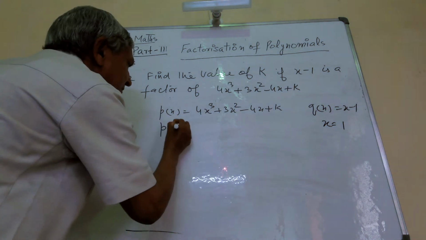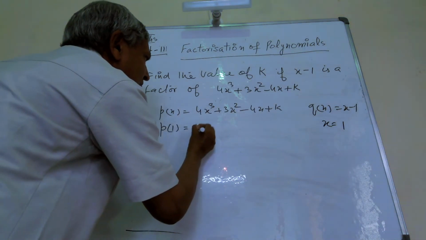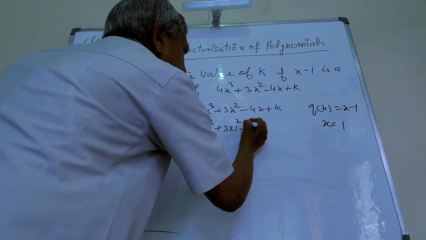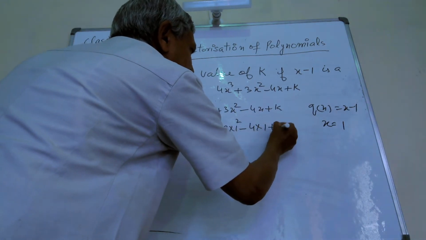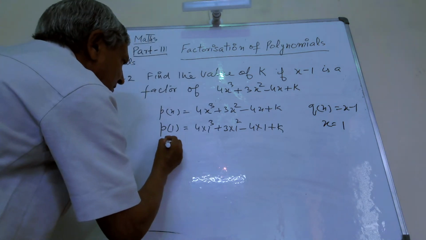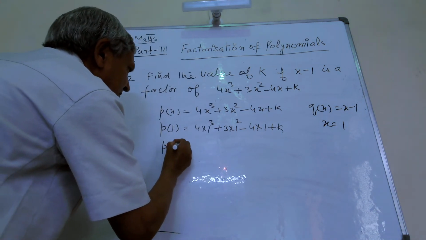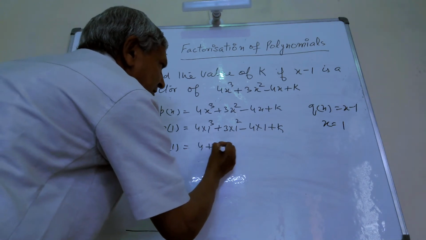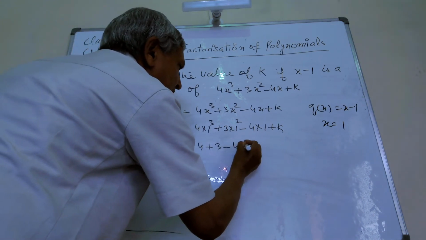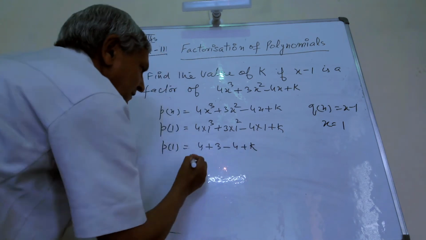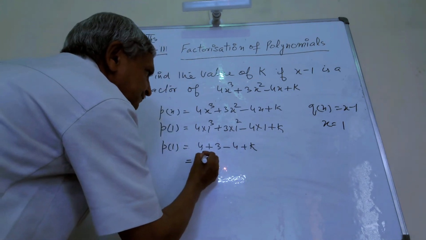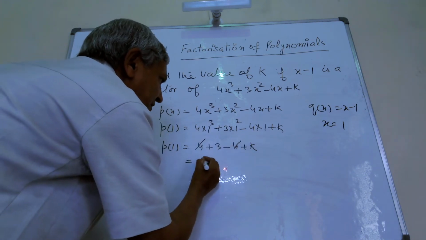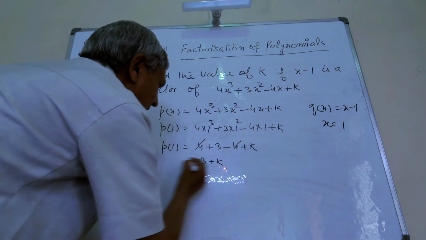P(1) is equal to 4 into 1 cube plus 3 into 1 square minus 4 into 1 plus k. P(1) is equal to 4 plus 3 minus 4 plus k, which is 3 plus k, since 4 cancels with 4.